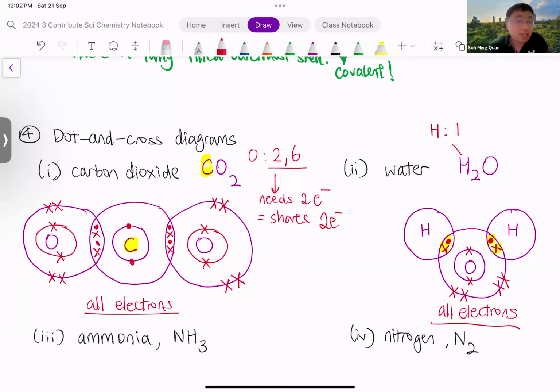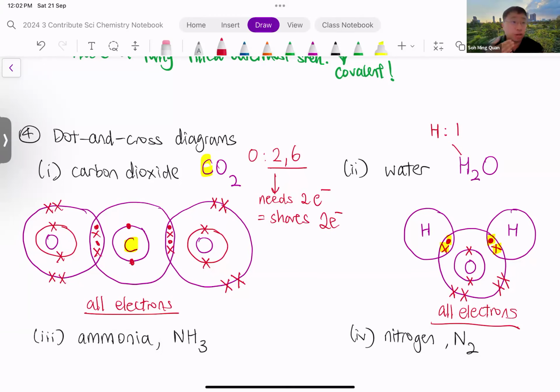Okay, so this is how we draw the dot and cross diagrams for covalent molecules. We basically work out it's covalent because they are all non-metals. Then second step, we overlap the shells. The element in the middle must be the one that has fewer number of it in the molecule. After that, we decide the atom at the side, how many more electrons does it need?